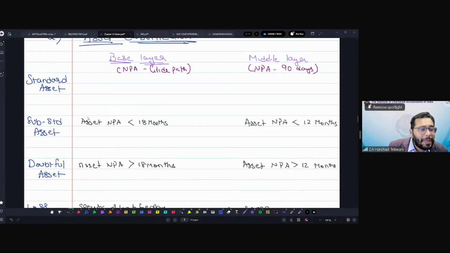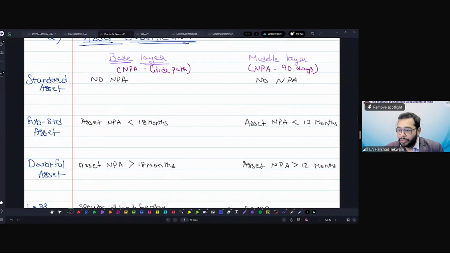So if no NPA, then it is a standard asset. Everything is fine, working fine. There is no problem in that. That is a standard asset. Okay, so this is how your NPA norms and asset classification works.